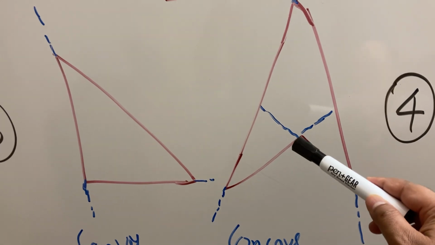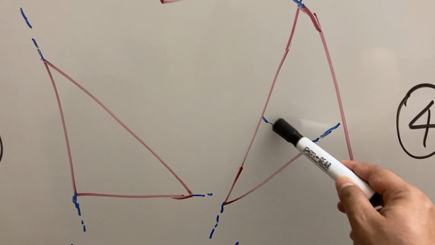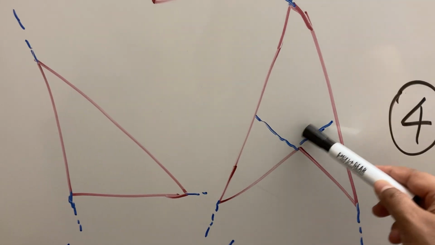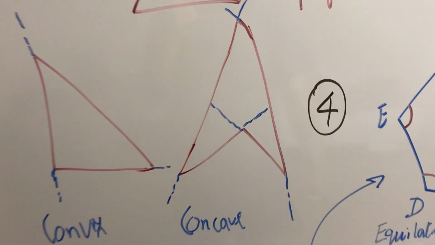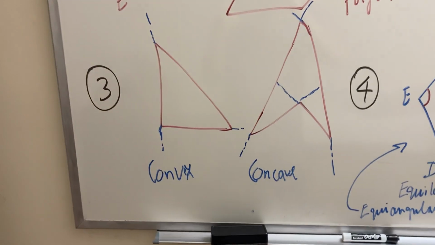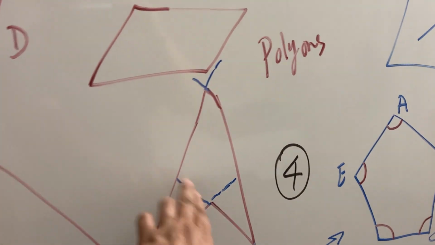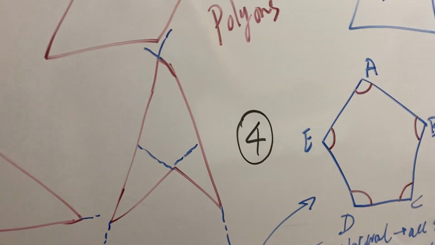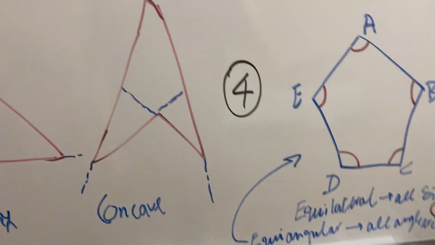But now think about it: if I try to extend this one, it goes inside, which is not a convex thing. That is called a concave polygon, when you can draw the line inside like this, so that the lines intersect each other.